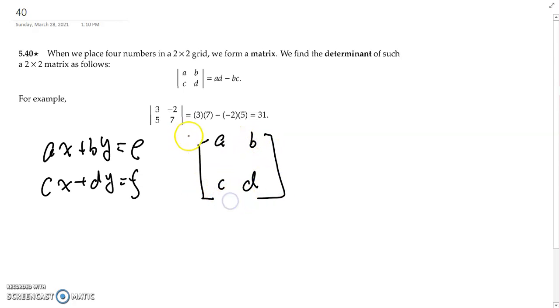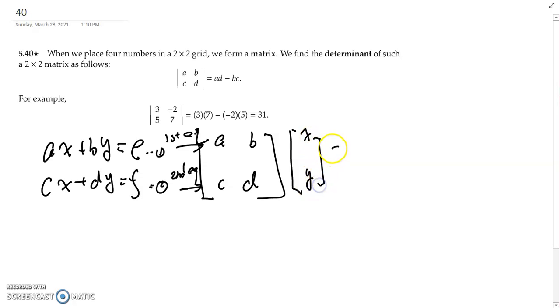Here, the first row is the first equation, and the second row is the second equation, and the unknowns x, y equal e and f.